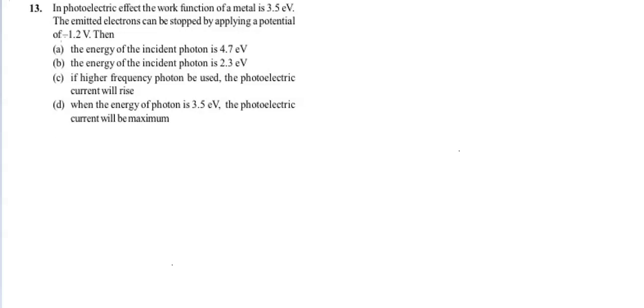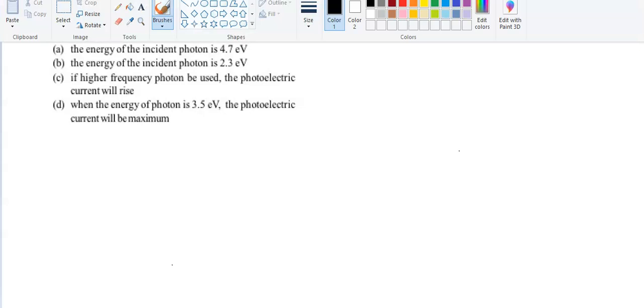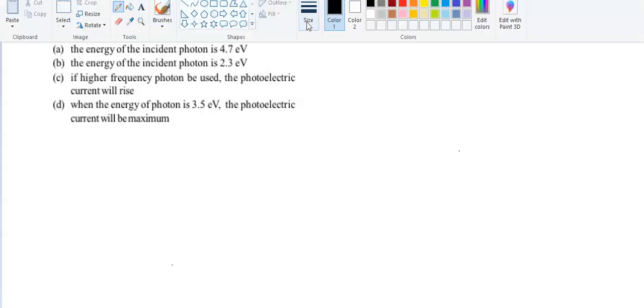Now this is a problem from photoelectric effect and we are using two concepts here. The first concept is the photoelectric effect and the electron emission due to light incident on the metal. So there we have Einstein's equation.